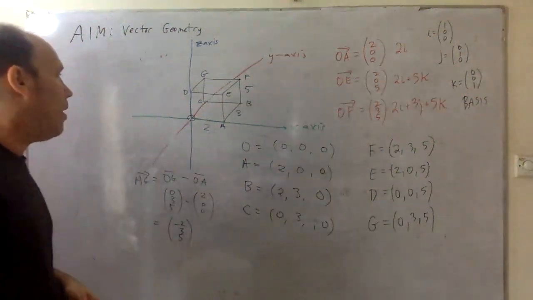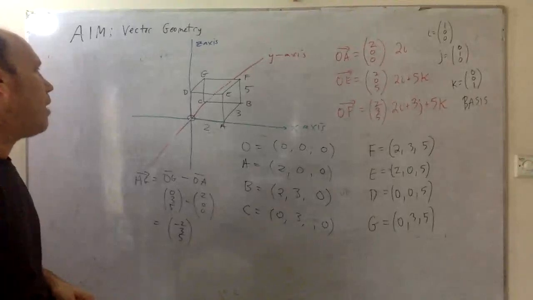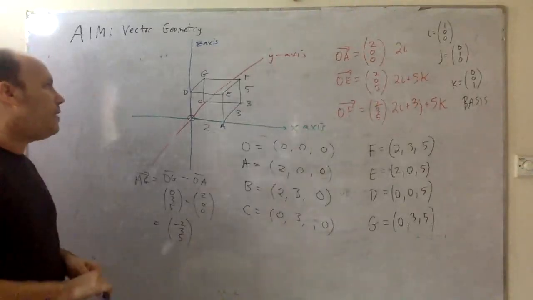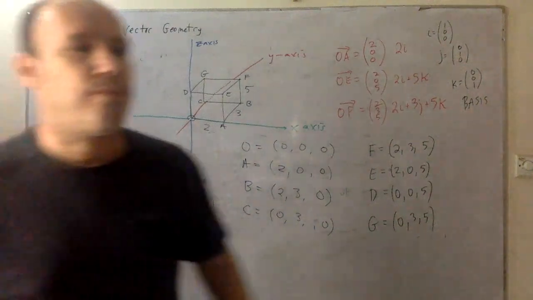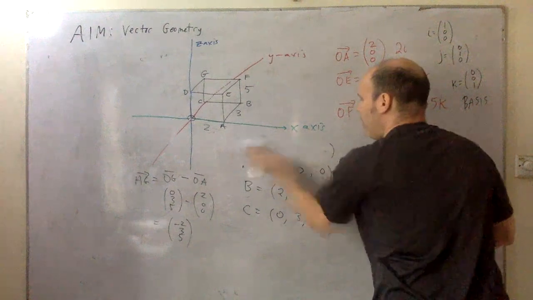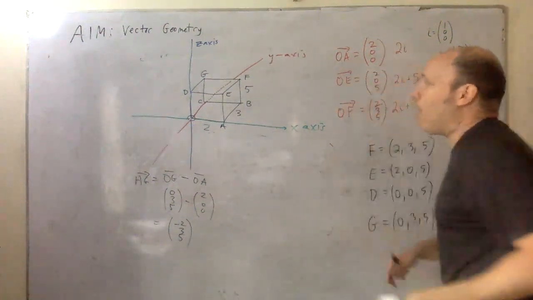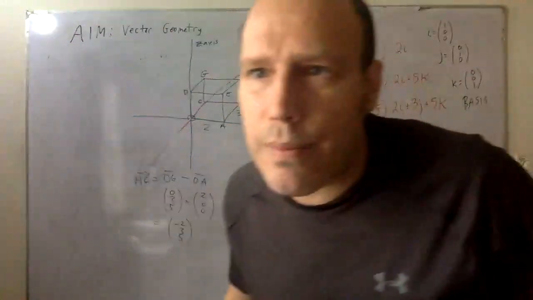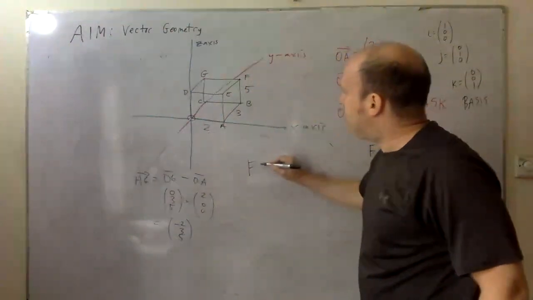Pick another one. Anybody, pick anyone. How about DF? Shall we pick another one? How do we go from D to F? How about FD?